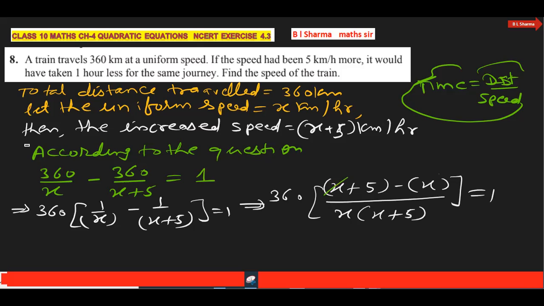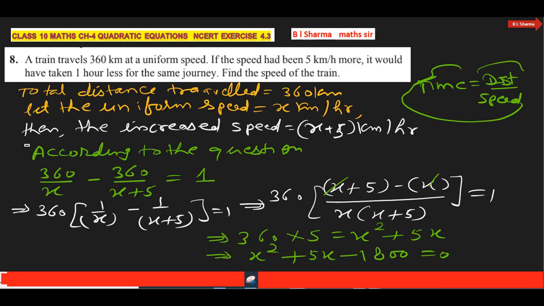Then x minus x cancel. So further we can write 360 into 5, that is x square plus 5x, or further x square plus 5x minus 360 into 5, that is 1800, is equal to 0.